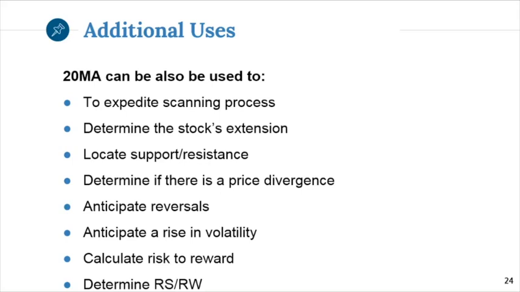Does that make sense? Just based on where price is in relationship to the 20 MA, and comparing that to the market, that should tell you whether your stock has relative strength or relative weakness. If it has relative weakness, obviously you don't want to play it. Okay?